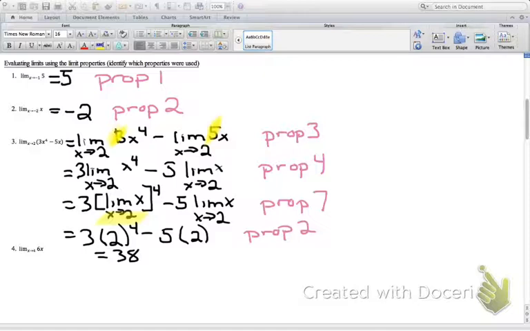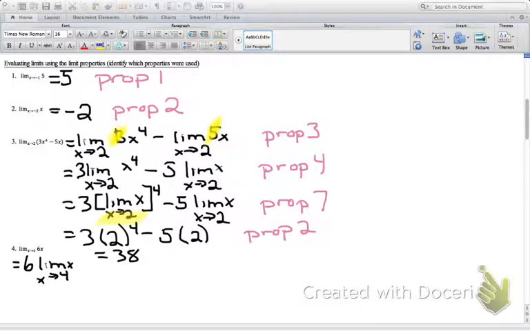For number 4, we're going to look at the limit of 6x as x approaches 4. By property 4 again, we have 6 times the limit of x as x approaches 4.